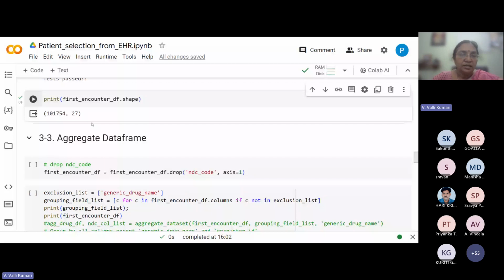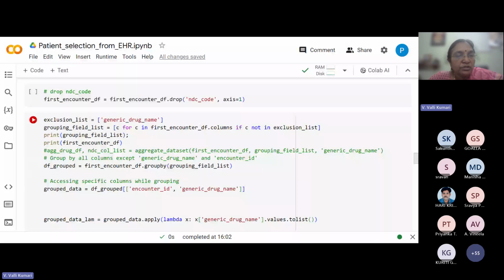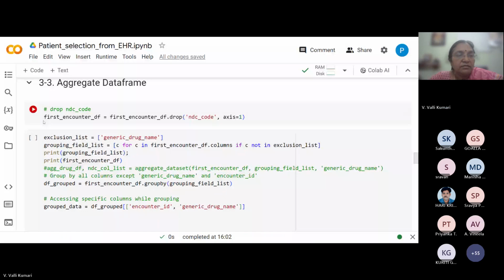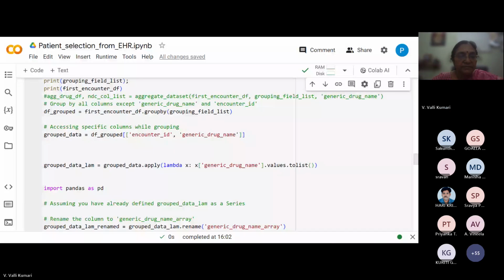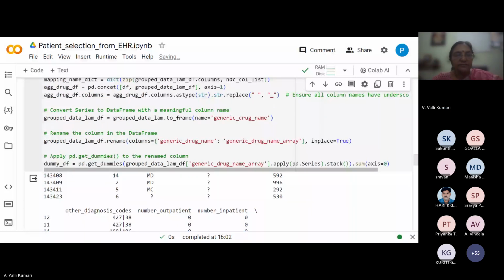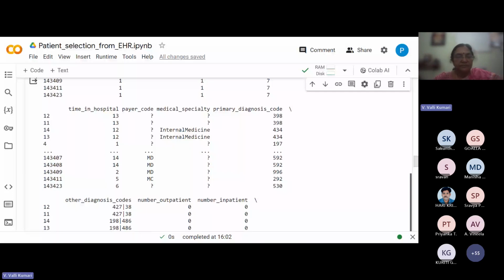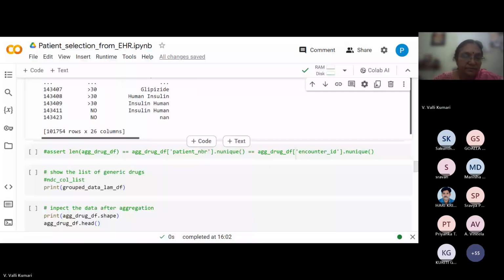Yeah. So I think we'll stop with this. Now you know EHR data with simple Python code. Like any other regular code, we can process it and do our exploratory data analysis and do the stuff. So, yeah.